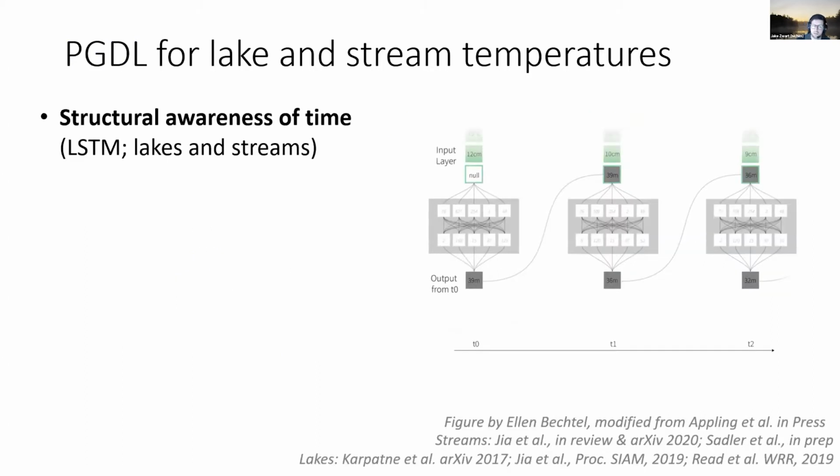So for injecting structural awareness, both of time and space, for lake and stream temperature prediction, we rely on existing deep learning model structures to help us there. For structural awareness of time, we're using recurrent neural networks, which are very useful for modeling time series of water quality, quantity, community composition, etc., because they model whole sequences of inputs and outputs using the same set of parameters for each transition between time steps.